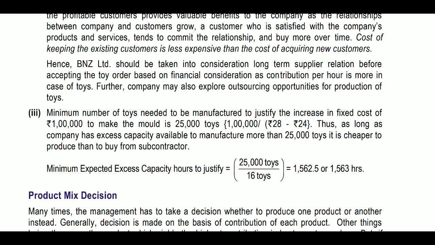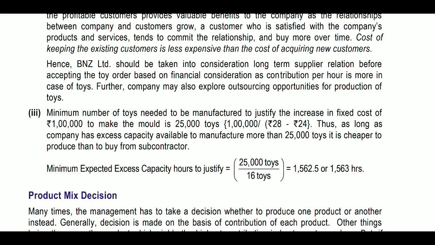Next, the minimum number of ties that need to be manufactured to justify the increase in fixed cost of 1 lakh rupees to make the molds is 25,000 ties. The amount will be 28 minus 24, that is 4. 1 lakh divided by 4 is 25,000.